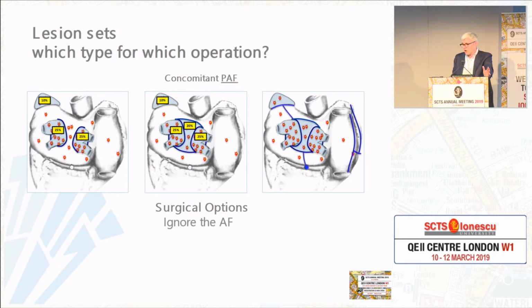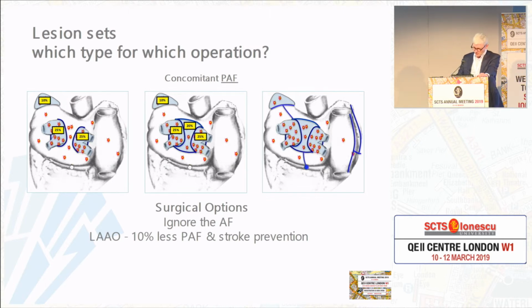So what are our surgical options? We can either ignore and do nothing, but we won't achieve any good result with regard to AFib after our procedures. We can exclude the left atrial appendage and decrease our AFib rate by 10%, but we will also be effective when it comes to stroke prevention.